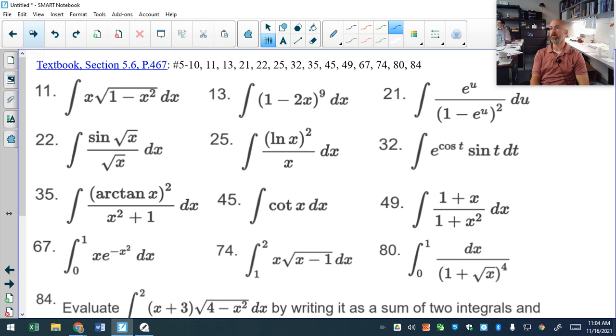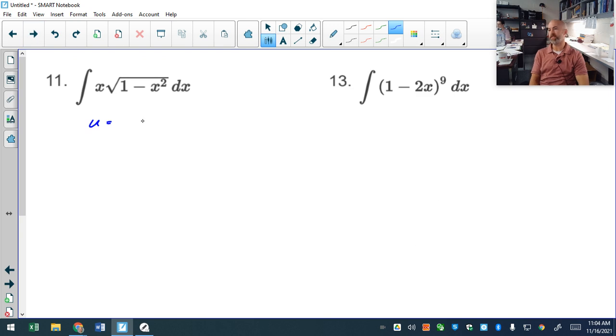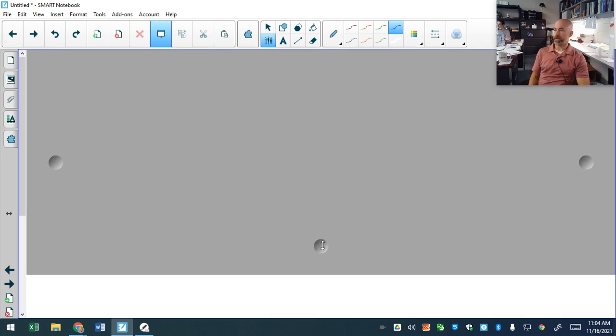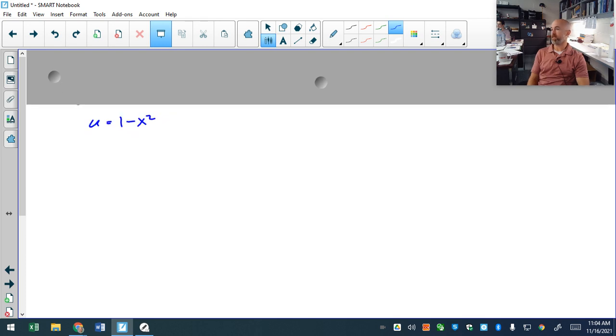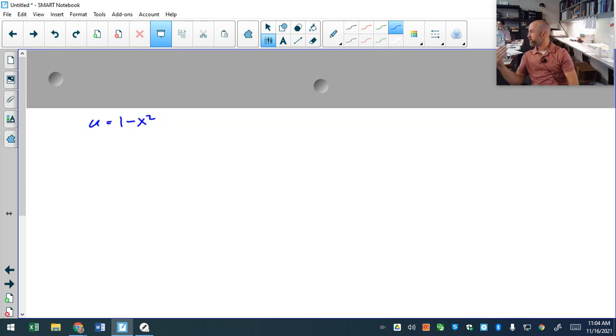Whoops, not where I want to go. So here I am going to let U be the 1 minus x squared. And then I'm going to see if that works. When you find the du, a mistake I saw some of y'all make on the warm-up yesterday, and I was expecting a lot of mistakes because we have not done anything as a class with U substitution as of yesterday morning.